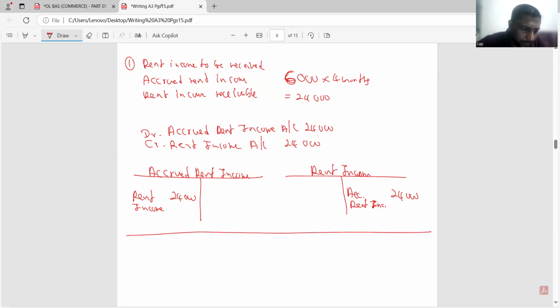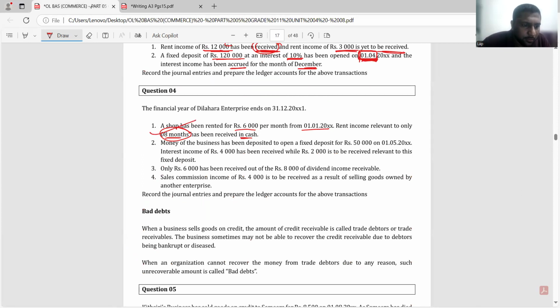Now we'll move to the second one. Money of the business has been deposited in a fixed deposit, 50,000 on 1st May. Interest income 4,000 has been received, while 2,000 is to be received. I told you I'm going to focus only on the to be received portion.